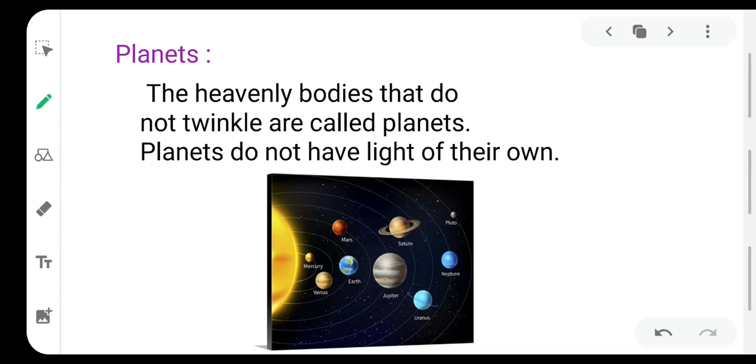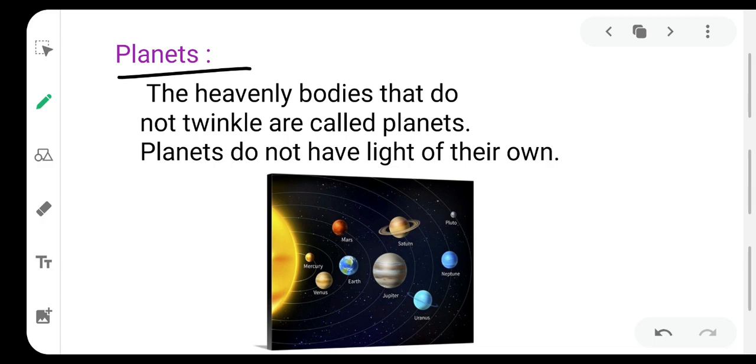Now here come the planets. The heavenly bodies that do not twinkle are called planets. Planets do not have light of their own. Now you must be thinking that if planets do not have light of their own, then from where do they get light?